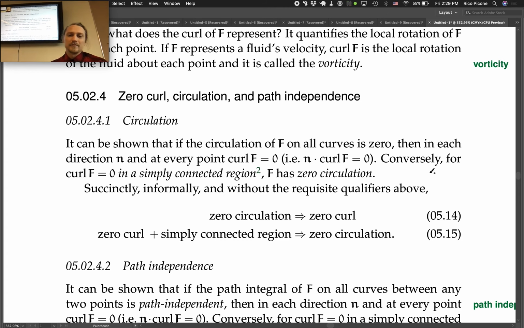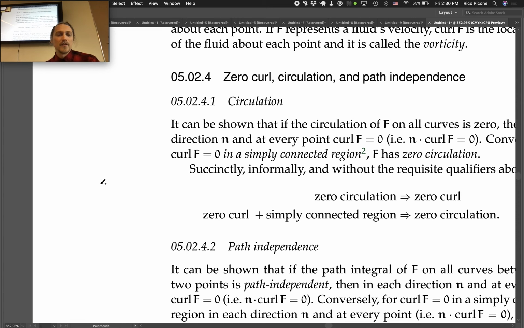So if you were to take a look at the donut, and you drew a curve like this, a closed curve. See?